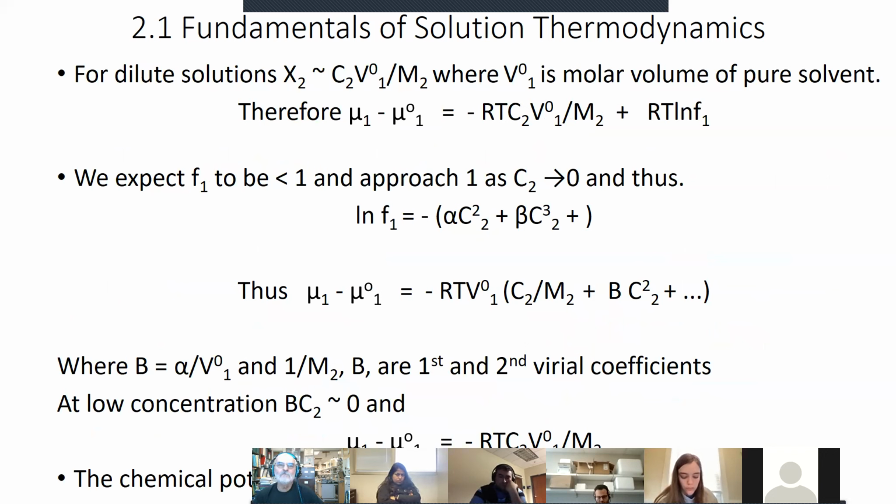So for dilute solutions, convince yourself of this as best you can. The mole fraction can be written down in terms of a different concentration scale, weight concentration, and we can make that substitution.